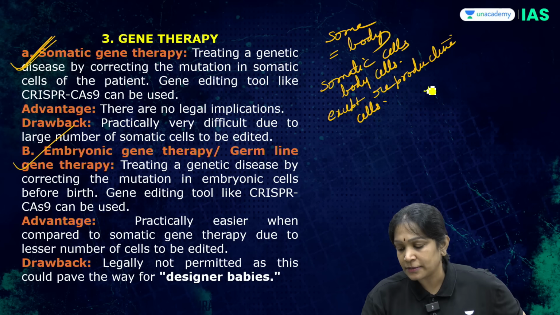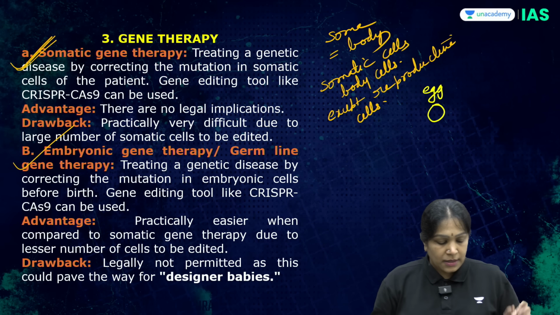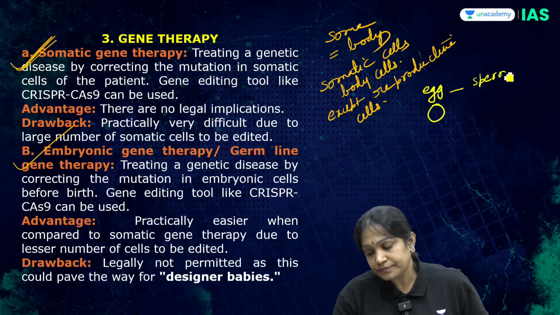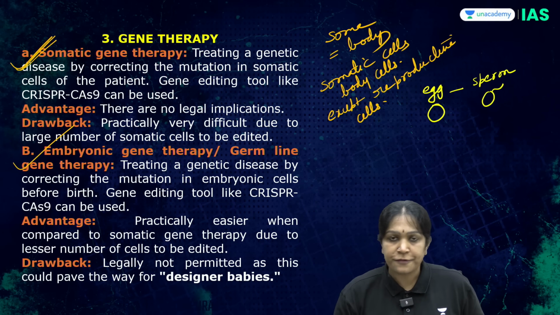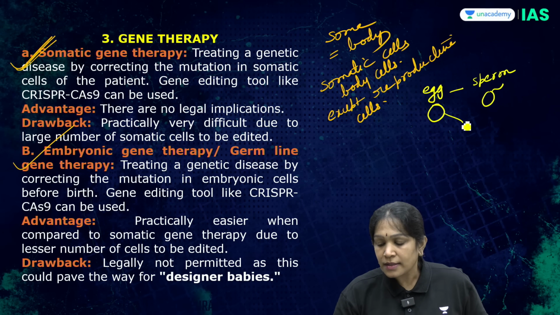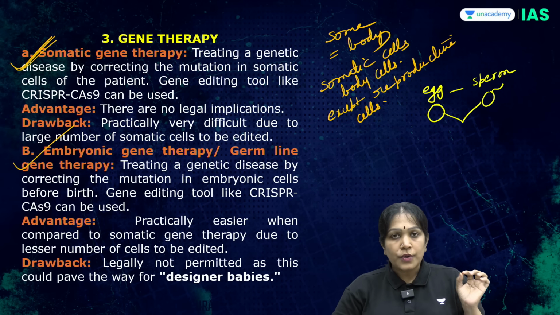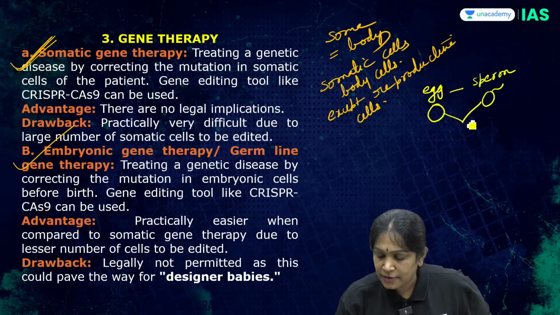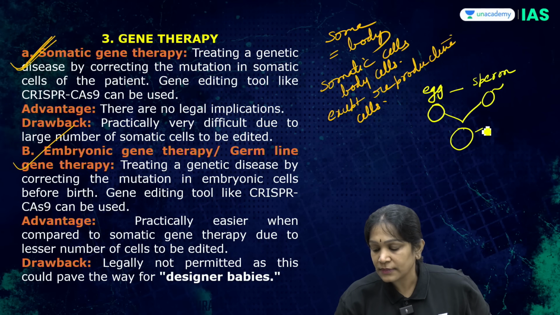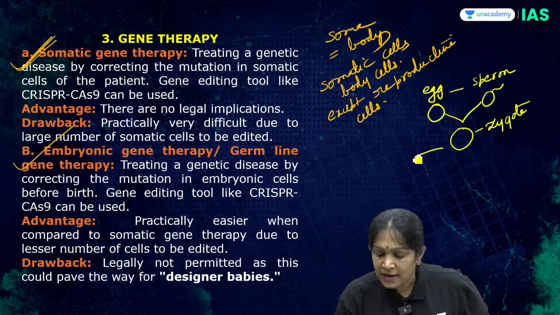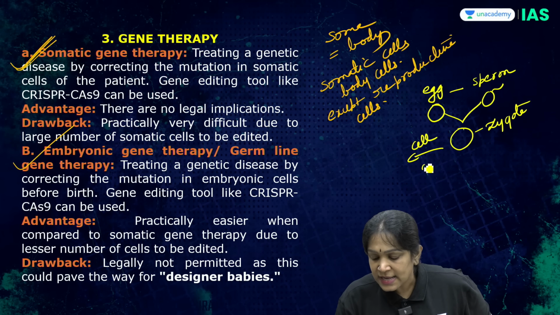During childbirth, the egg cell of the mother will combine with the sperm cell of the father. They both will fuse like this to form a single cell called zygote. Then the zygote will undergo cell division.